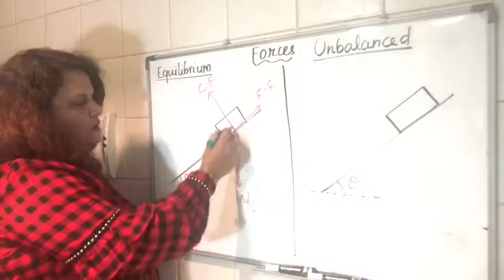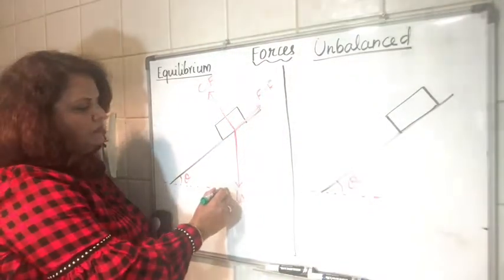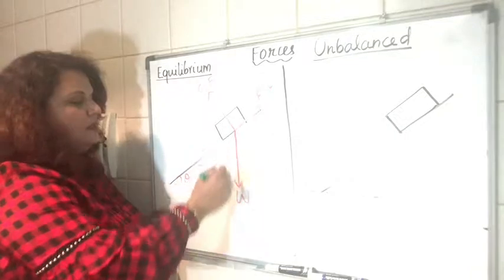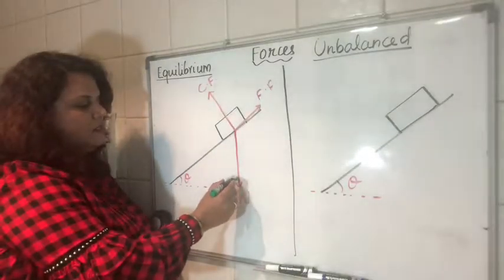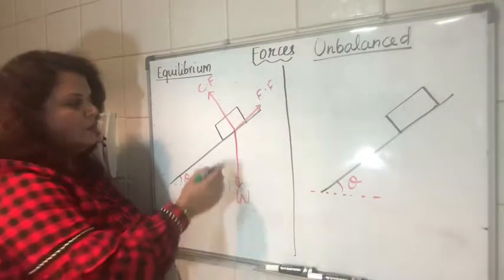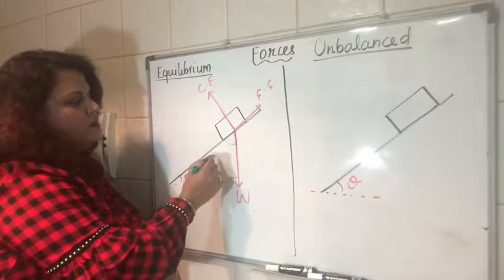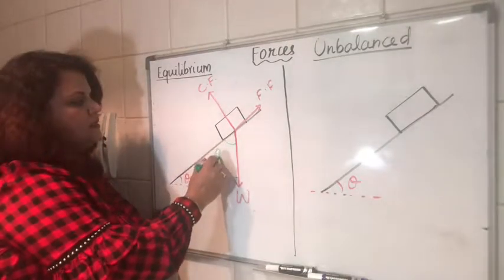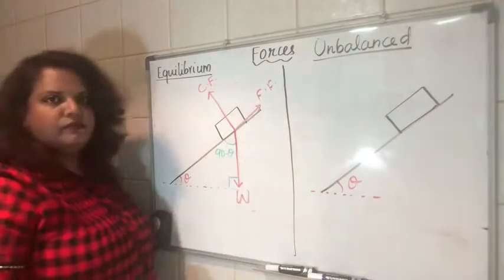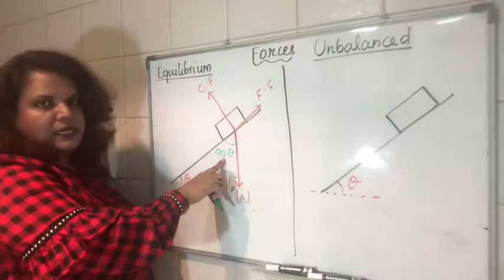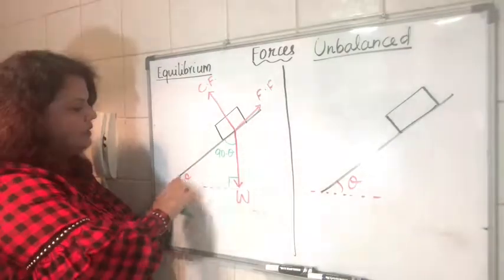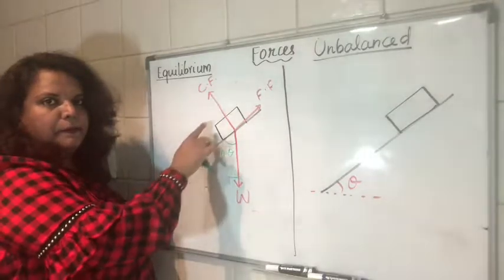Now here this is a triangle, correct? To be completed, I get a triangle. Now it is a right angle triangle. This is 90 degrees. Now what would this angle be? This is going to be 90 minus theta, right? This angle will be 90 minus theta because you have a triangle here.